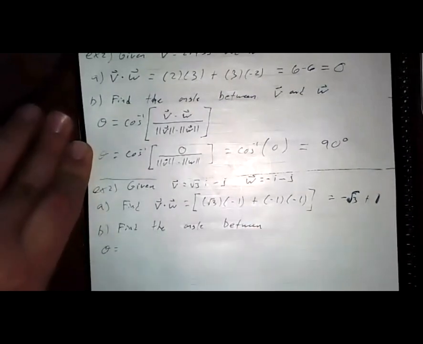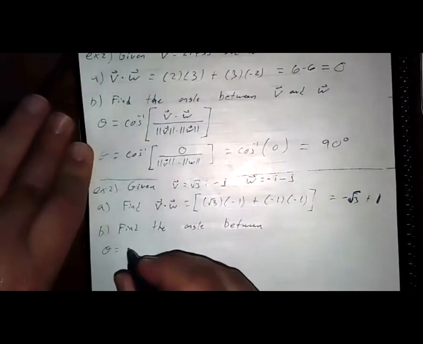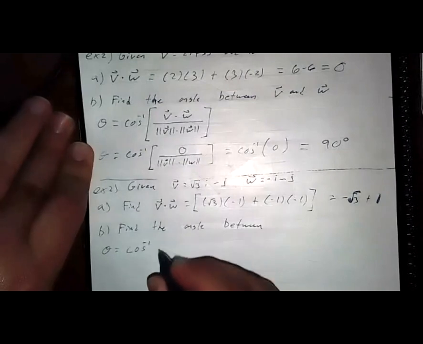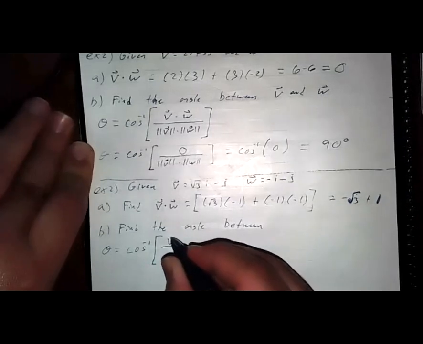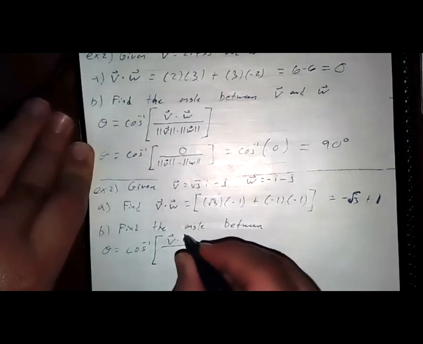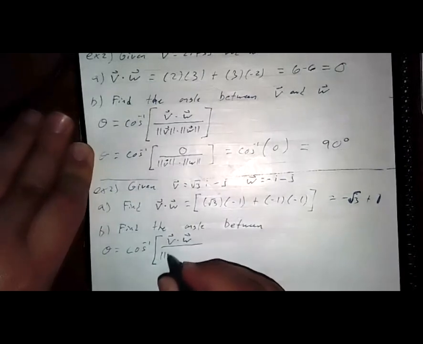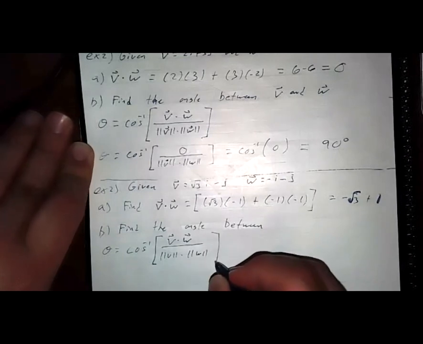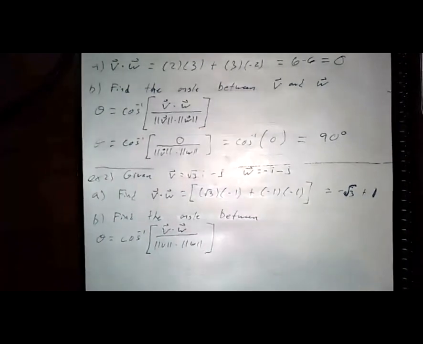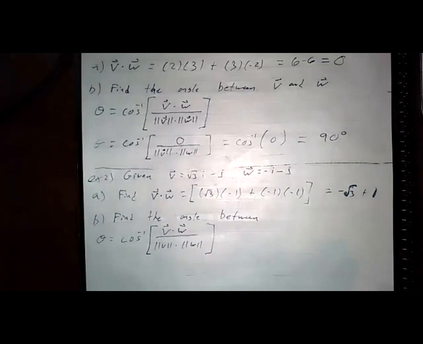Oh well, write it again. Cosine inverse of v dot w over the magnitude of v times the magnitude of w. All right, so we're going to have to find these two magnitudes before we do anything.